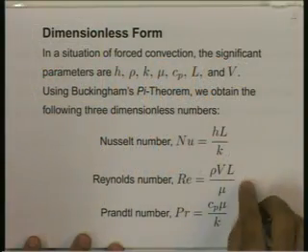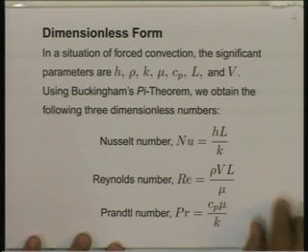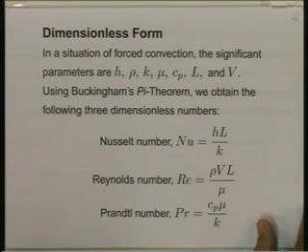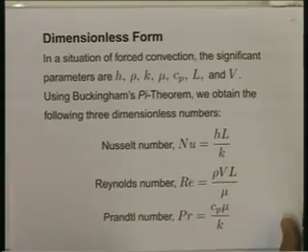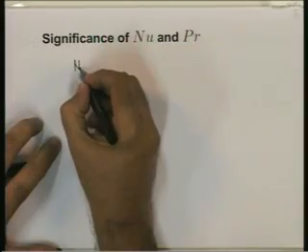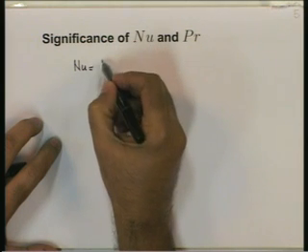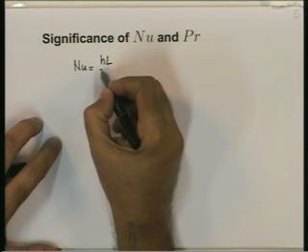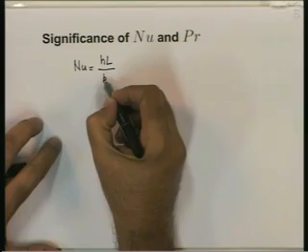We already know the significance of the Reynolds number from our fluid dynamics study. Let us look at the significance of the Nusselt number and the Prandtl number. We know that the Nusselt number is hL by k.